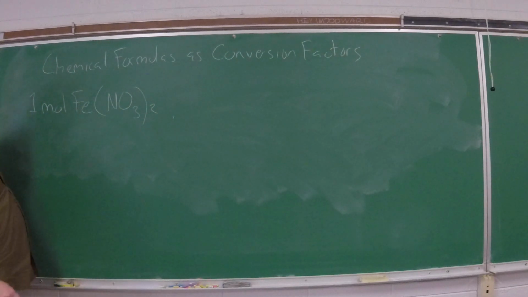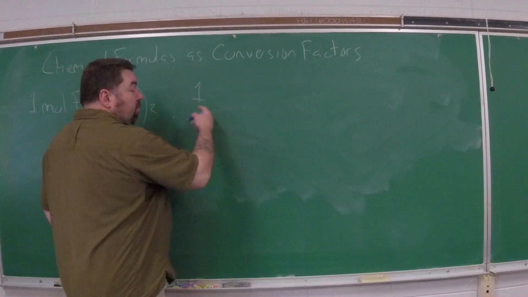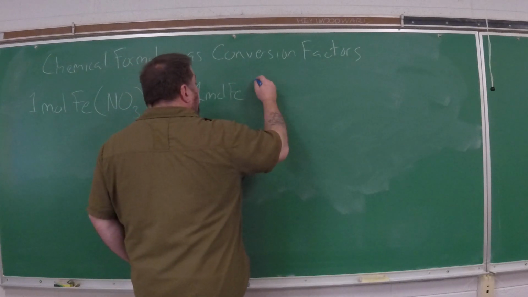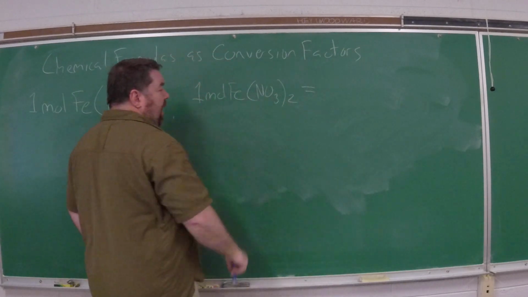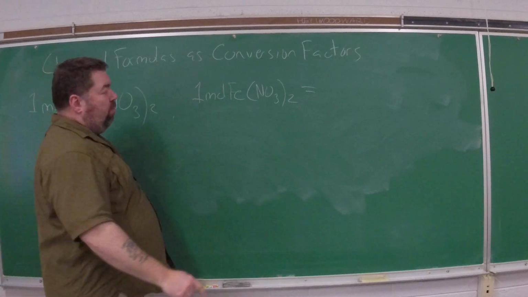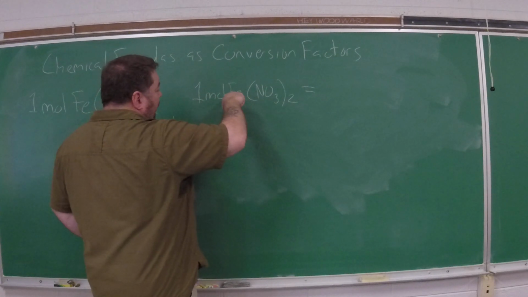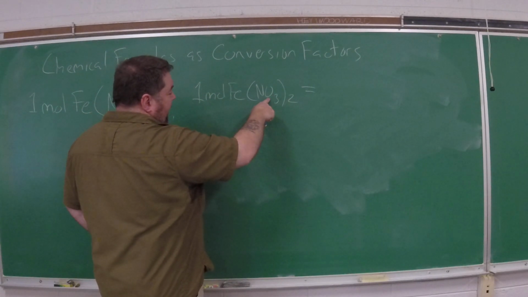Let's say I have 1 mole of iron 2 nitrate, okay? What would be your conversion factor for this? For every 1 mole of iron 2 nitrate, what are we going to have? We're going to have 6 moles of oxygen, right? Because for every Fe(NO3)2, there's 3 oxygens times 2, that's 6.